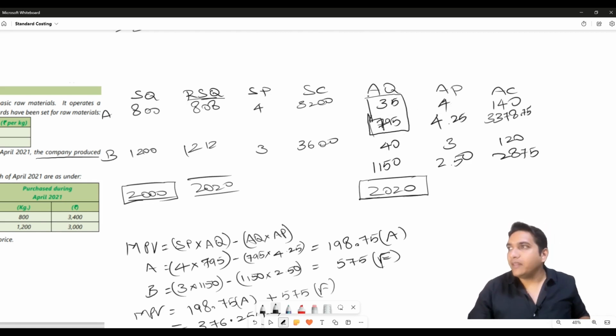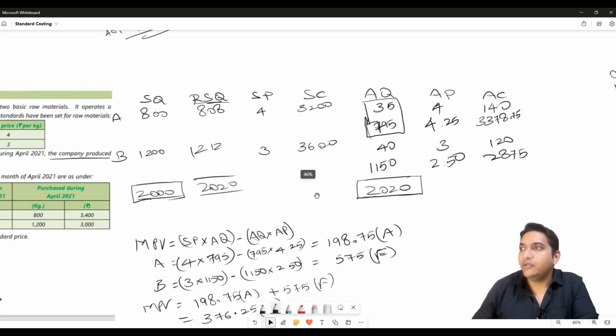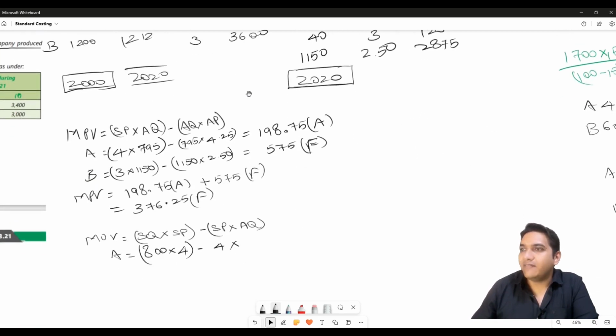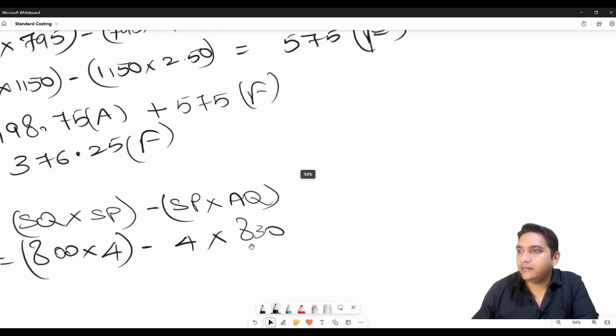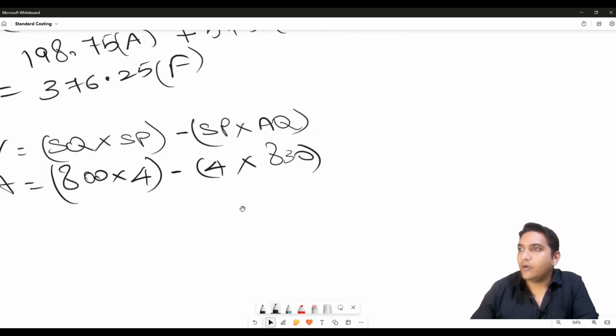But now we are not looking at the price, we are only looking at the quantity. So what is the total quantity of material A used? It is 35 plus 795, which is equal to 830. So what will be the variance here? 30 times 4 is 120. What is it? Adverse. 120 adverse.